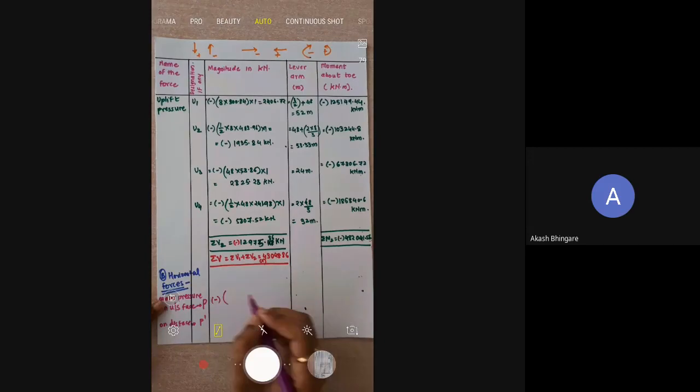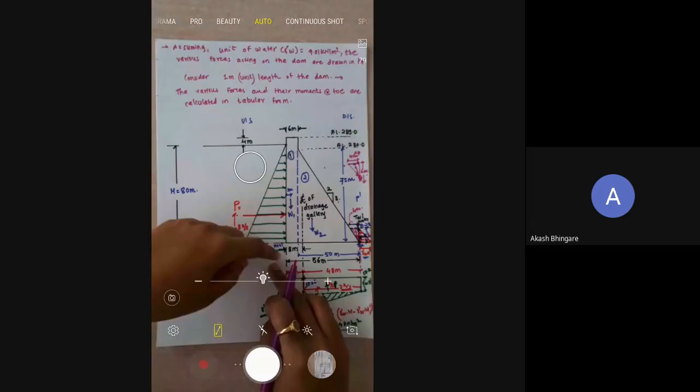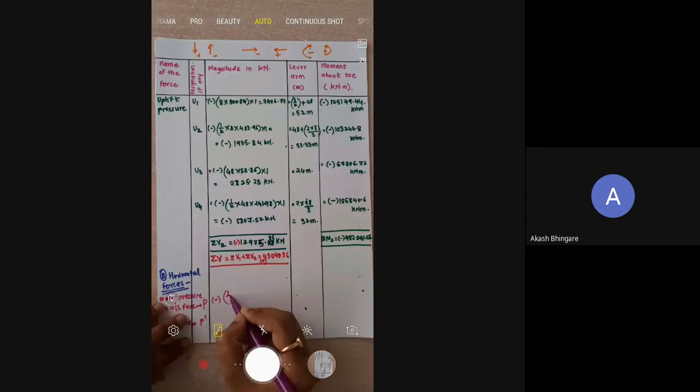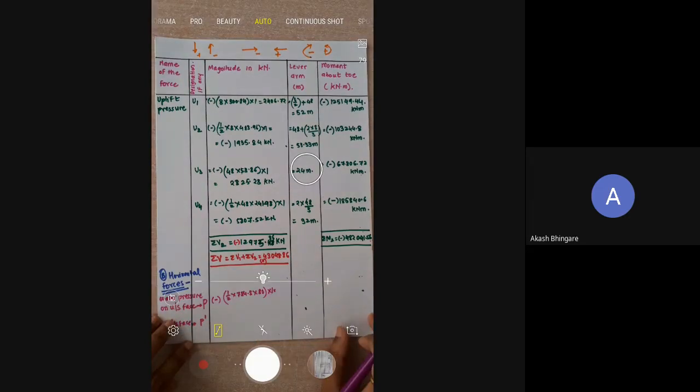So the area under this figure will be a triangular portion, so half base into height. Base is gamma W into H dash. Height is 80 meter. So half gamma W into H, already we have written that value 784.8, into H which is 80 meter, and length is 1 meter for the third dimension. Now what is the lever arm distance?